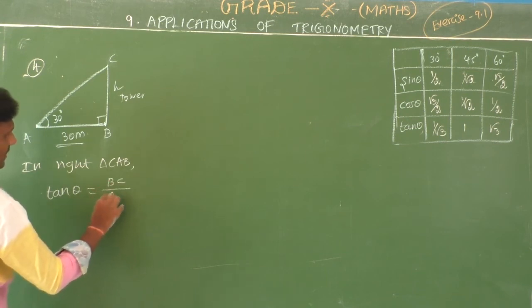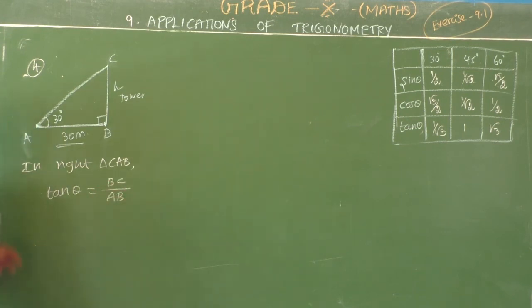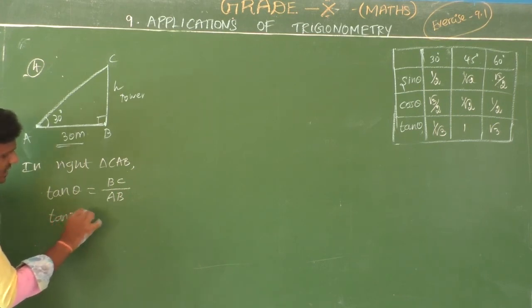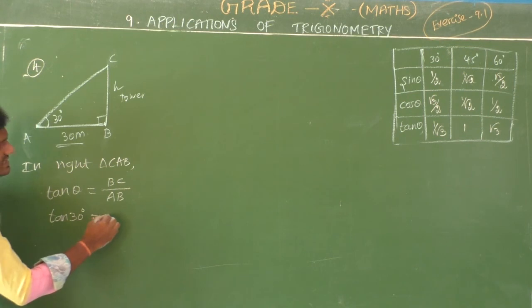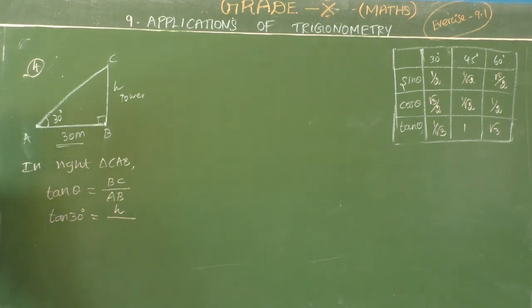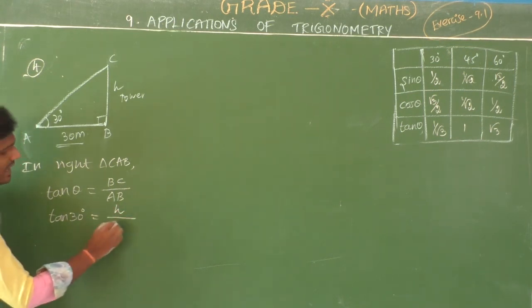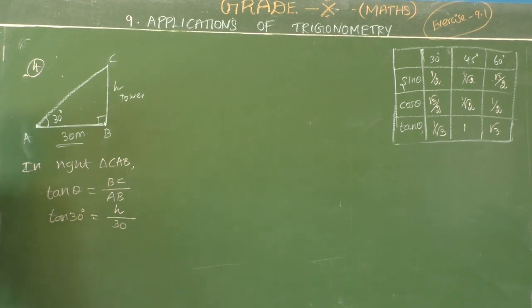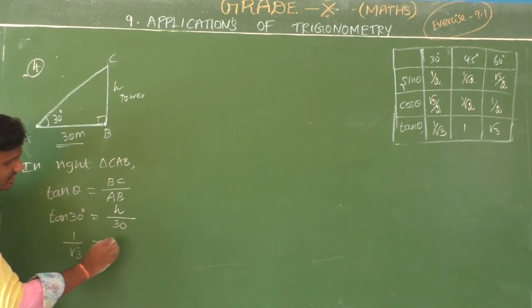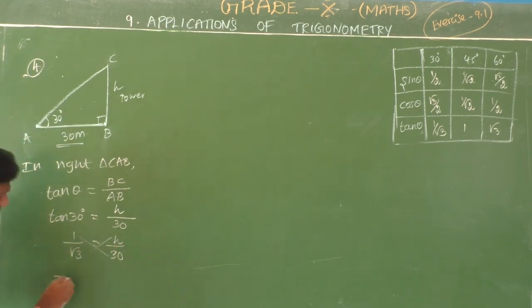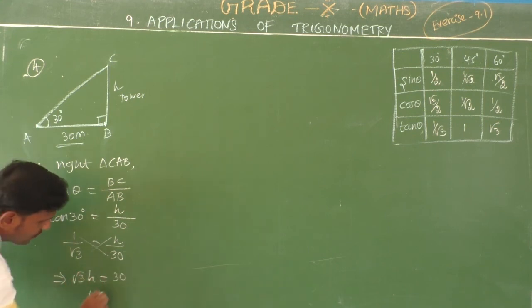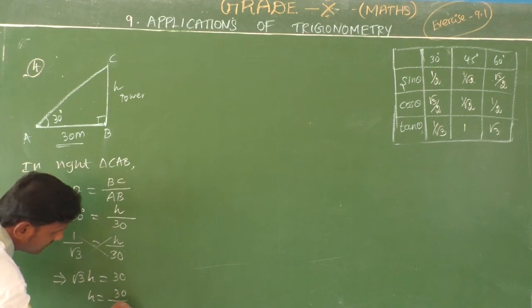So BC divided by AB, and the value of theta is 30. So tan 30 is equal to BC, the height of the tower, so h by 30. The value of tan 30 is 1 by root 3, equal to h by 30. Now by cross multiplication, root 3 h equals 30. So h equals 30 by root 3.